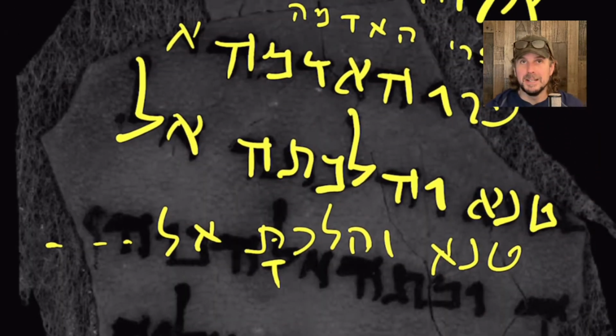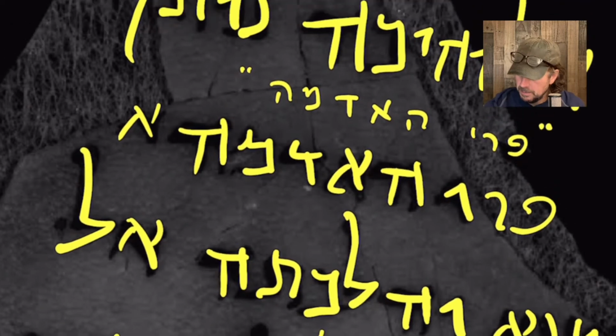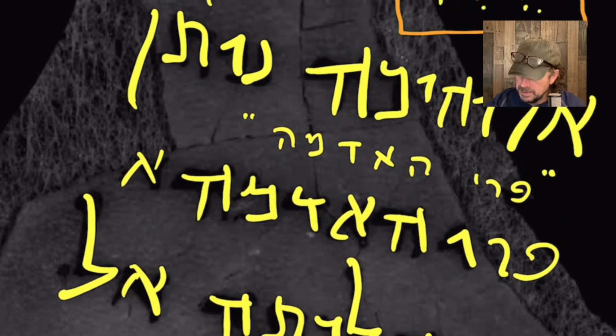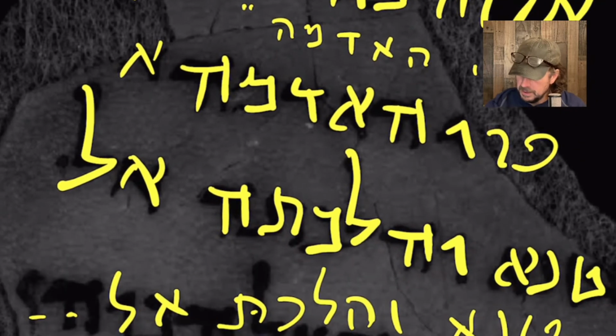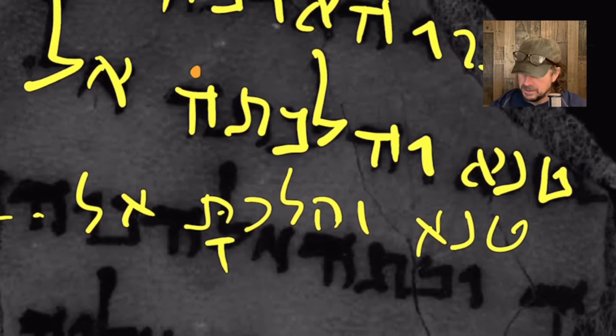But again, just like in the other line, we're seeing additional letters. Remember up here, we saw that this hey is additional, this vav is additional. We see another use of a hey as a vowel, the halakta. In the traditional text of the Masoretic scribes, it's just 5 letters, vav, hey, lamed, kaf, tav. Vehalachta, and you will go.